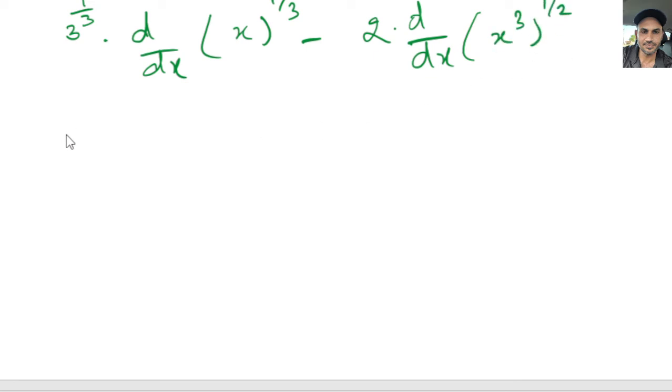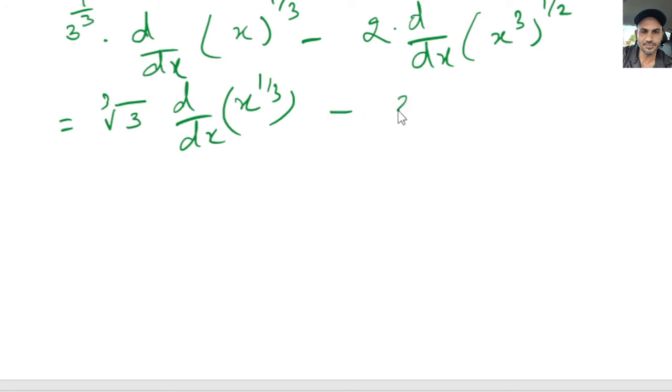Okay, now I'm going to write this as the cube root of 3 times d over dx of x to the 1/3 minus 2 times d over dx. I'm going to simplify this exponent. So it's x to the 3rd raised to the 1/2, so it's basically x to the 3 times 1/2, so it's going to be x to the 3/2. 3 times 1 is 3, divided by 2.